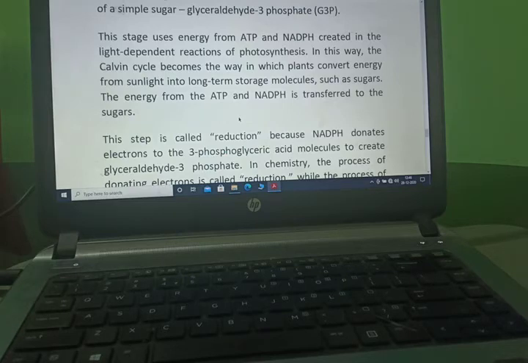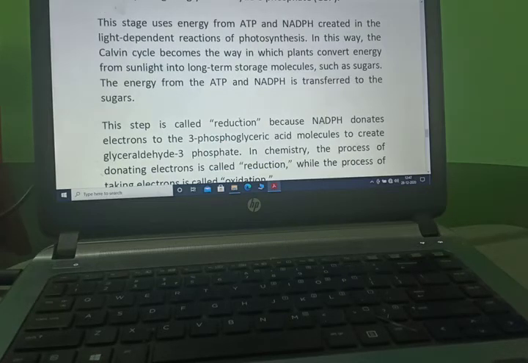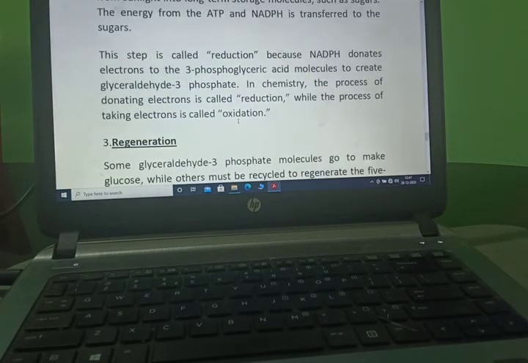In this way, the Calvin cycle becomes the way in which plants convert energy from sunlight into long-term storage molecules such as sugars. The energy from the ATP and NADPH is transferred to sugar. This step is called reduction because NADPH donates electrons to the 3-phosphoglyceric acid molecules to create glyceraldehyde 3-phosphate.